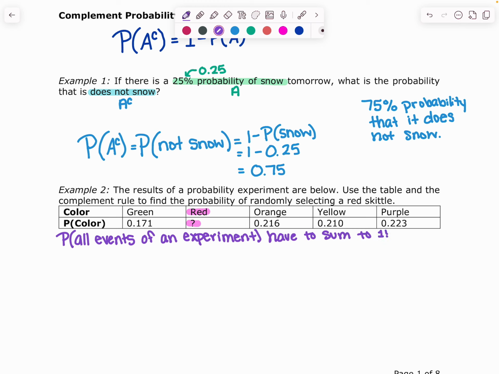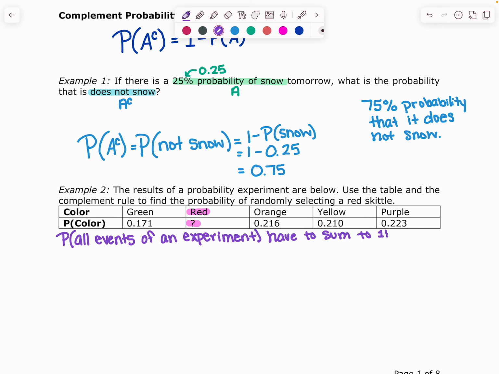So using that very important fact and the complement rule, I can find this missing probability by first finding out the sum of the probabilities that I know, and then using that to find the probability that I don't know. So I'm using the complement rule, but I'm kind of using it a little bit in reverse.